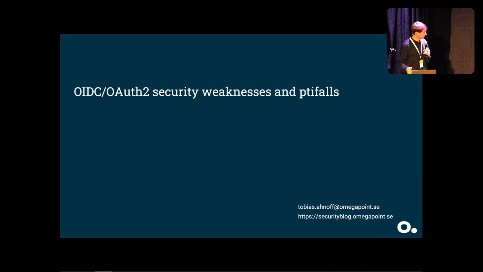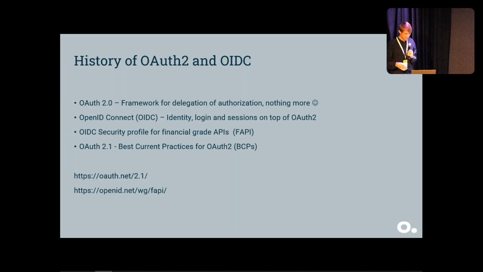We'll start with a little bit of history around OAuth and OpenID Connect and how we do secure implementations today. It started out with OAuth2, and there was a lot of custom implementation of OAuth login, but a lot of it was weak.